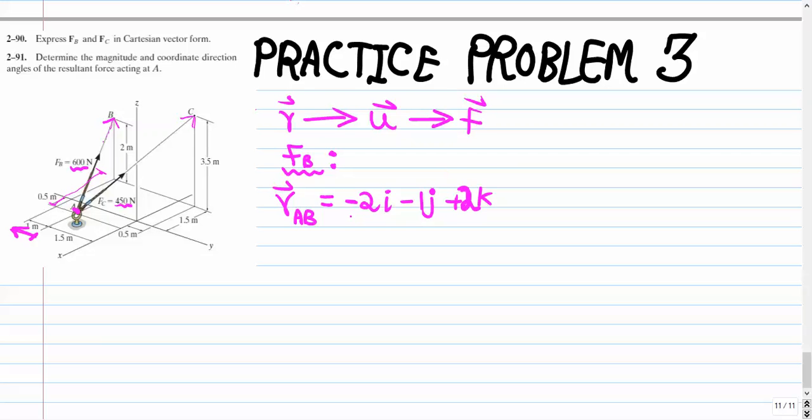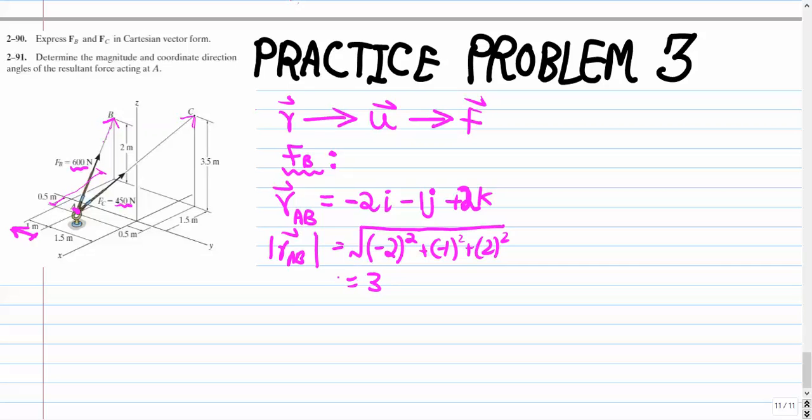Now that we have our length vector, we will use it to find the magnitude of this length vector. So we will use the magnitude formula, that is under root of the sum of the squares of all the components. And once we solve this, we get 3.